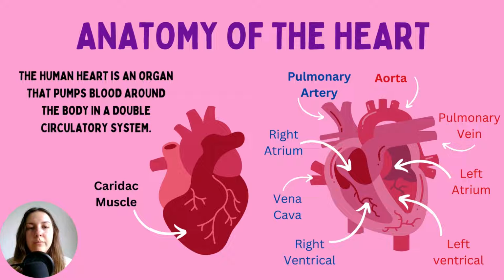You'll see this blue and red idea in loads of different textbooks and diagrams. But this is not the true case. We do not have blue blood. Some organisms actually do, and I'll talk more about that in the video, but we don't have blue blood. This is just to illustrate that some parts of the blood traveling around the body have less oxygen than other parts.